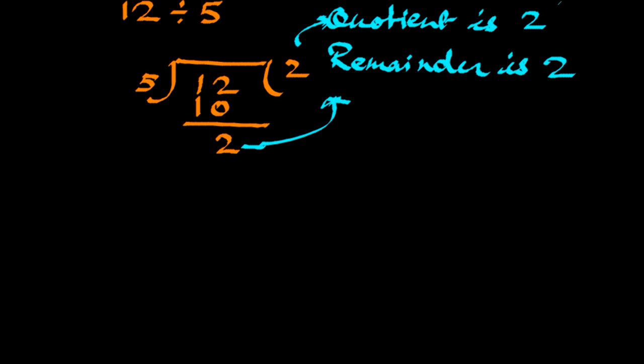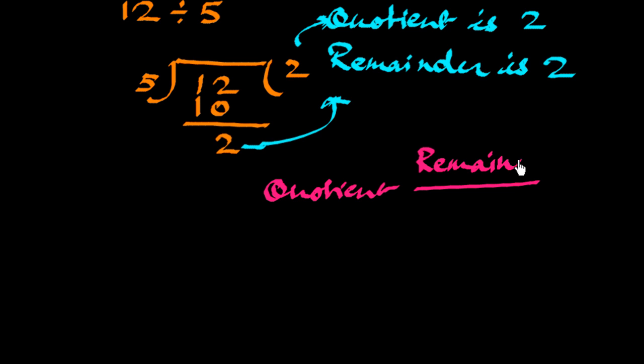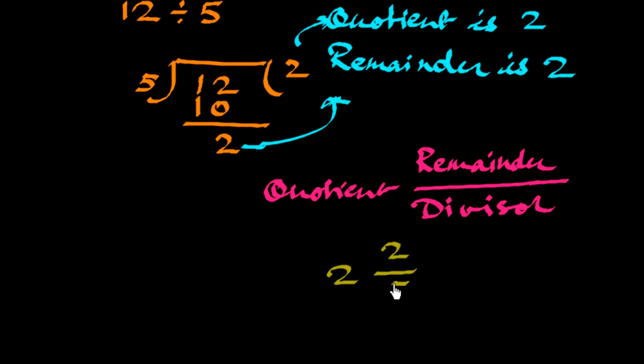First we have to write down the quotient, then the remainder, and then in the denominator we write the divisor. So this number we will write as 2 and 2 by 5. First we write this, then this, and in the clockwise direction we write this down, 2 and 2 by 5.